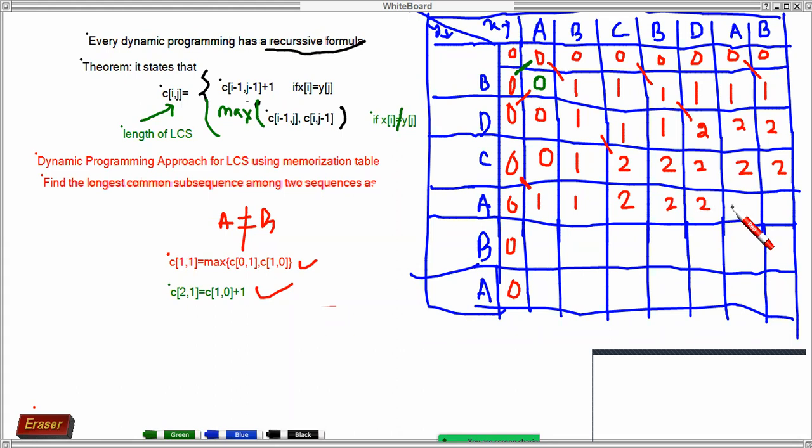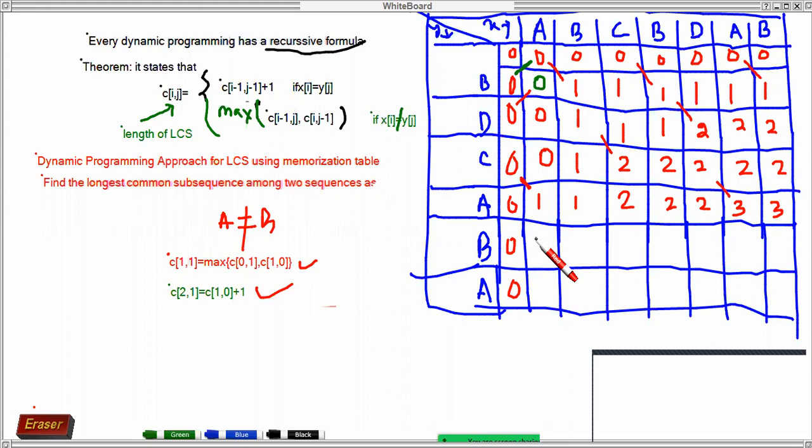But this one is matching, so it will be 3. Okay, this is 3. You see, I'm just putting a line. Then A and B not matching, it will be 3.